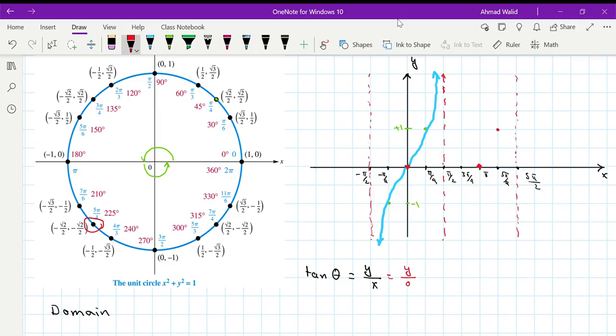And at 3 pi over 4, let's find 3 pi over 4 here. You see, it gives you the opposite. It gives you a negative 1. Opposite inputs give you opposite outcomes. It means your graph is what? Your graph is an odd function.